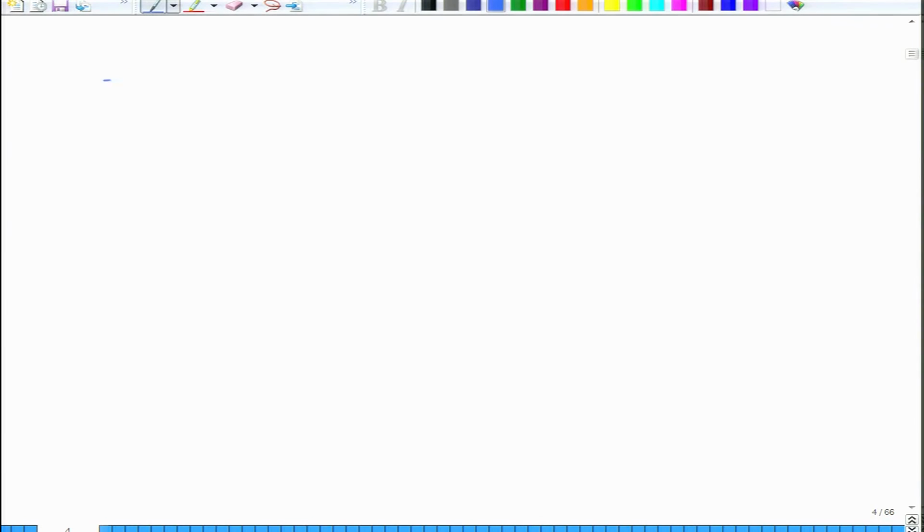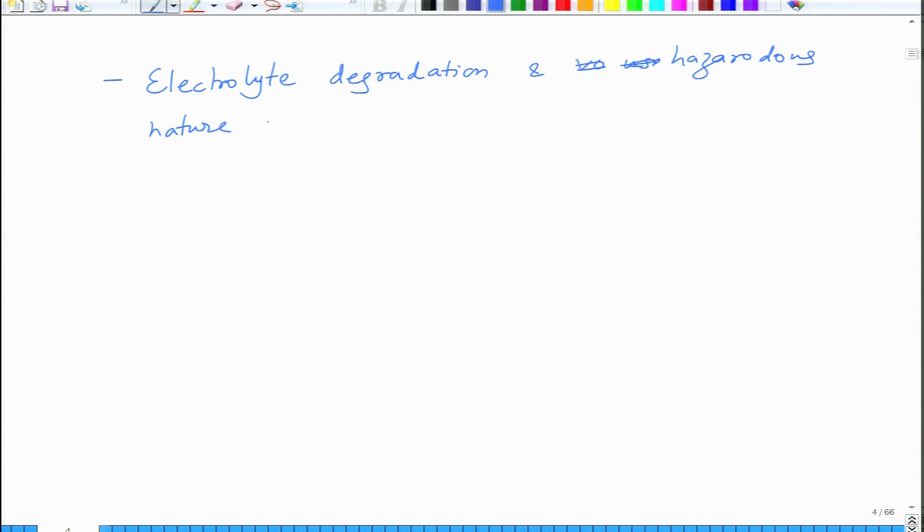Other issues are, for example, electrolyte degradation, the hazardous nature of components in it, and the cost of ruthenium and platinum.